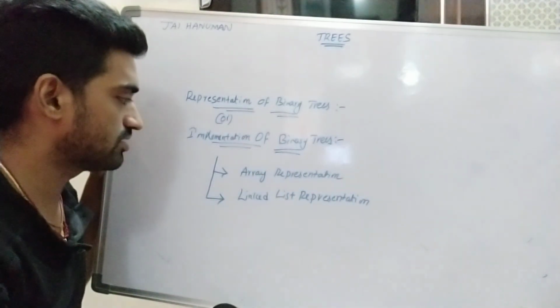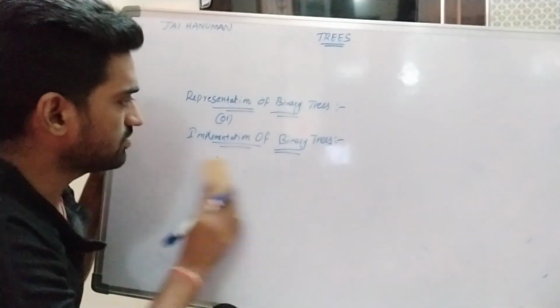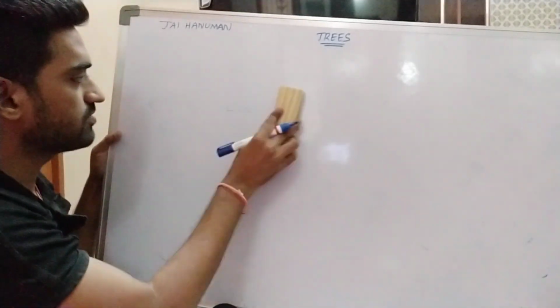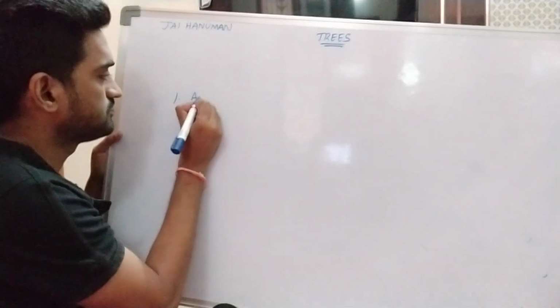Here we will write each representation for binary trees. What is the first representation? Array representation.